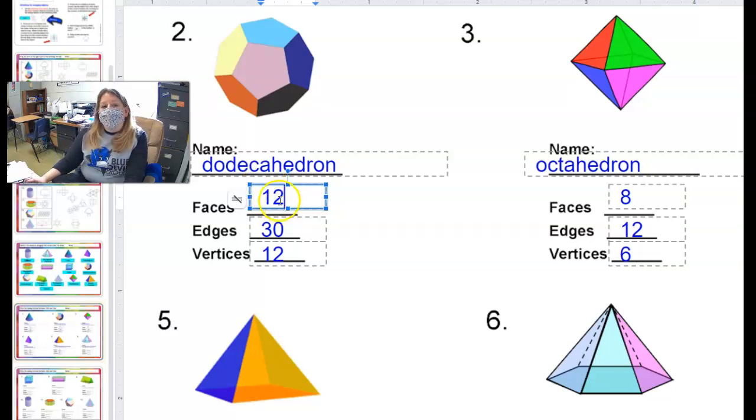How many edges? 1, 2, 3, 4, 5, 6, 7, 8, 9, 10, 20.